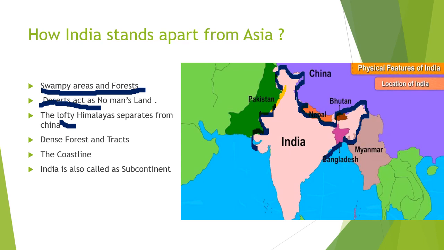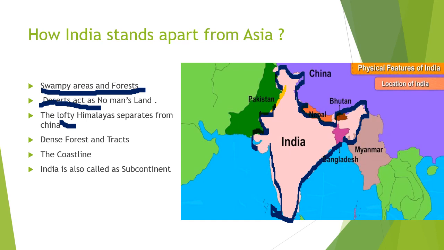Now when you move down to this area, India has the longest coastline which separates India from other parts of the world. So in this way, if you actually see the marker, India, although being a part of Asia, still looks like a separate country which has been separated by various physical features to make it stand apart.